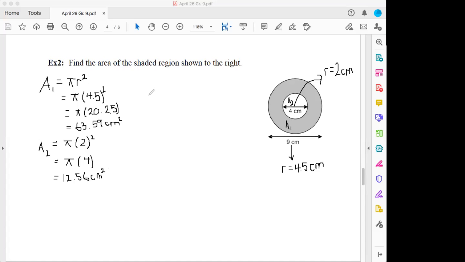Okay, so you're not quite done yet. Like I said, you have to subtract the second circle from the first. So our total area would be A1 minus A2.